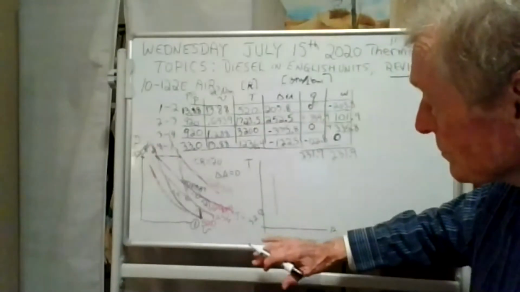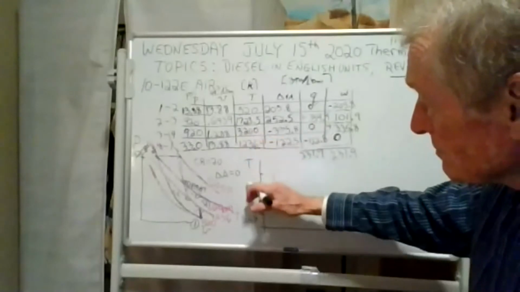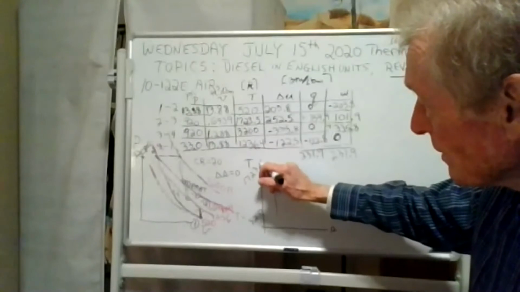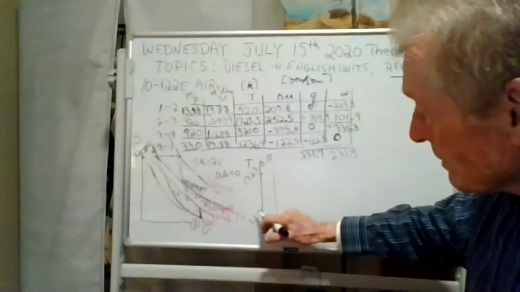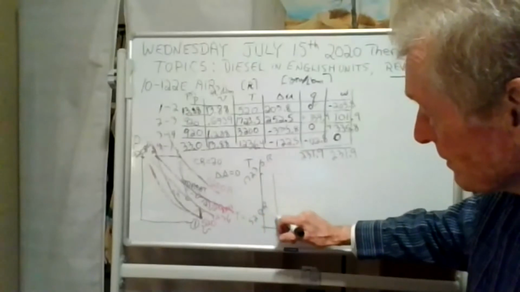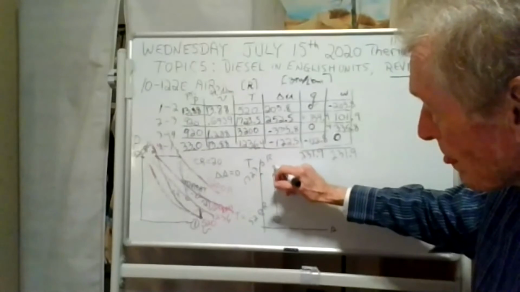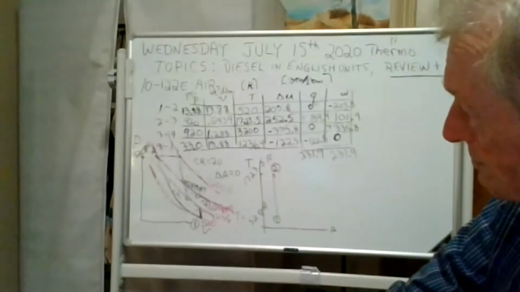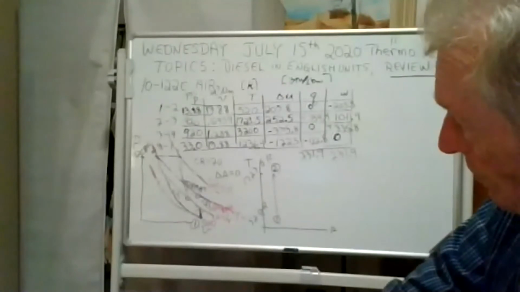From 520 to 1723.5 Rankine. There's state 1, there's state 2, and we went straight up. And then you have an isobar.